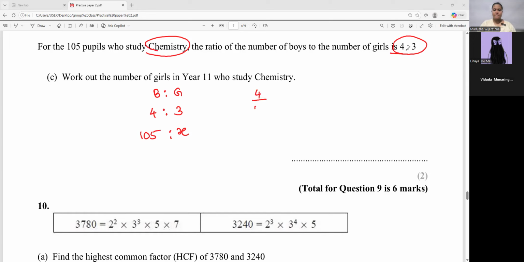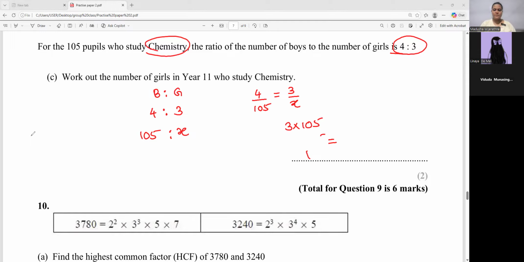This is 105. Same method: 4 over 105 equals 3 over x. Then cross multiply: 4x equals 3 into 105, 3 into 105 divided by 4. Give me a second.